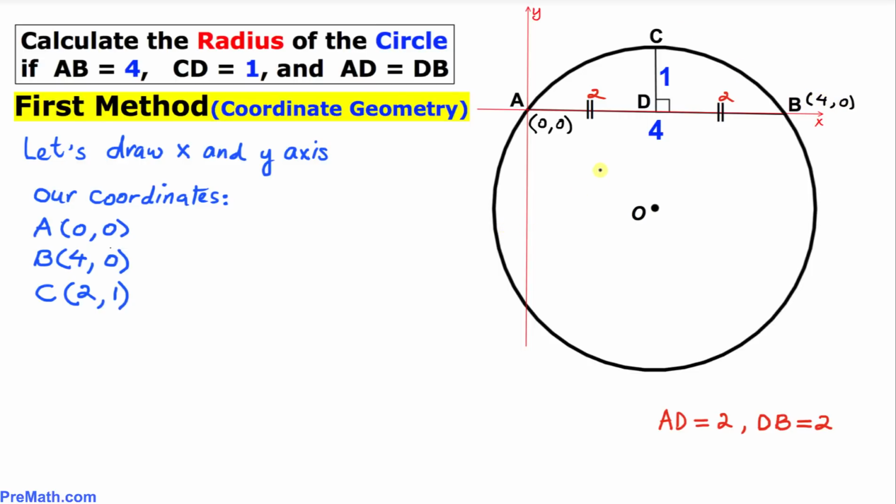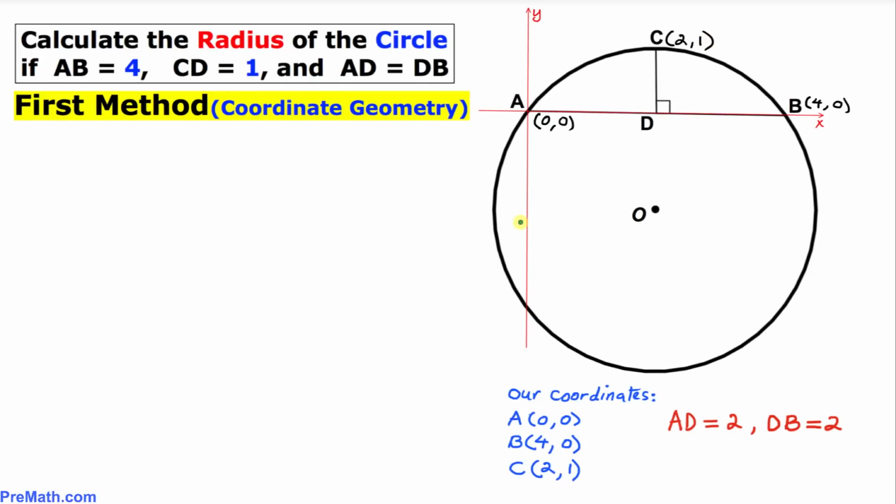And point C is going to be 2 units to the right and 1 up, so that is going to be (2, 1). And let me make one thing clear, we are only interested in points that are on this circle. That's the reason why we are dealing with points A, B, and C and not D.